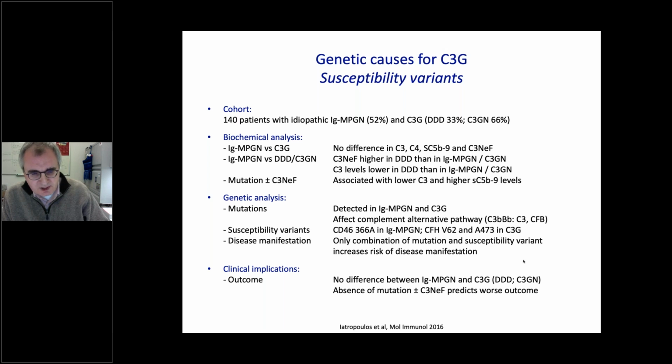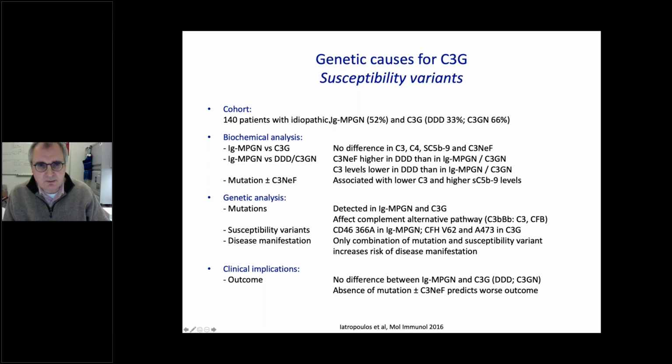And we spoke mainly about the link of this core group of C3 glomerulopathies to defects in the complement system. Now, a very important paper published by the Italian group in 2016 did something against this assumption, and basically sequenced all patients.